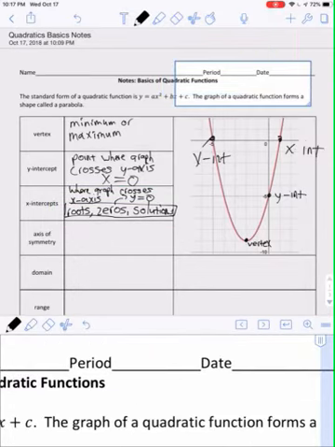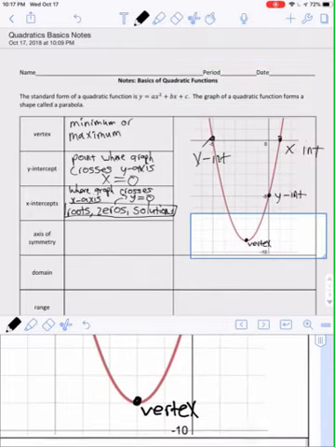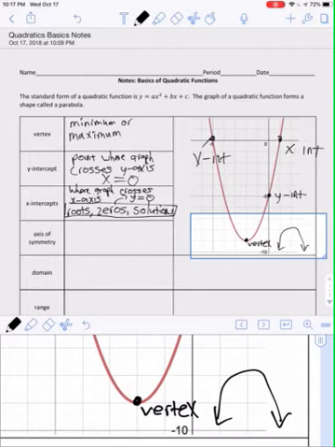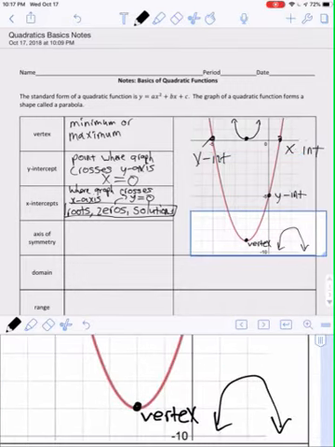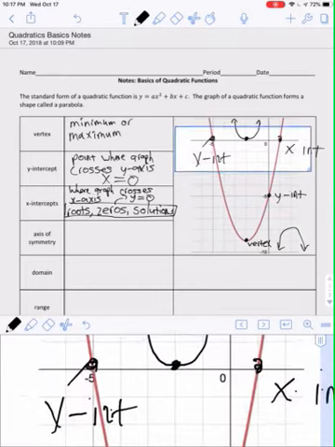So if we had a graph that looked like this, we would have no x-intercepts. We could also have a graph that has 1 x-intercept. So if the graph just had a vertex on the x-axis, so this has 1 x-intercept, this one has none, and the graph in red has 2.